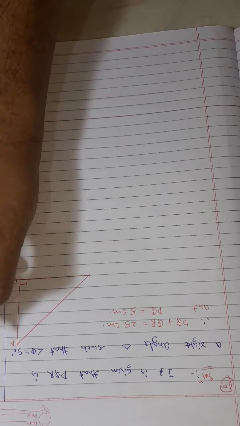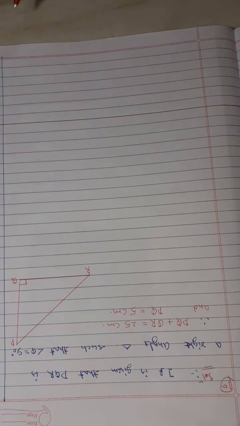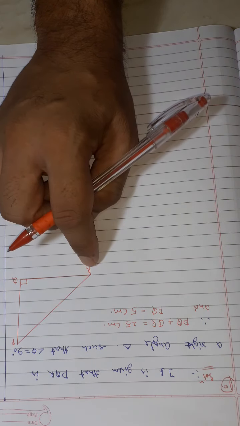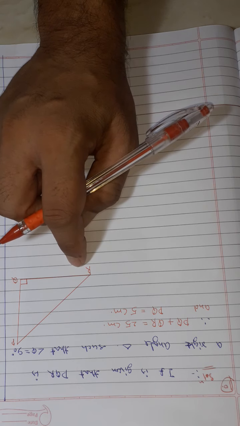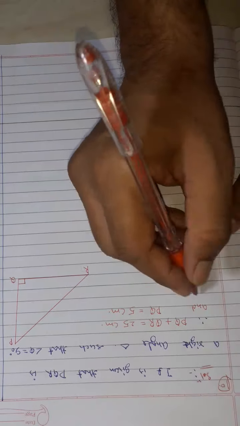Here P, here Q, here R. So the addition of both is 25 centimeter, and PQ is equal to 5 centimeter.